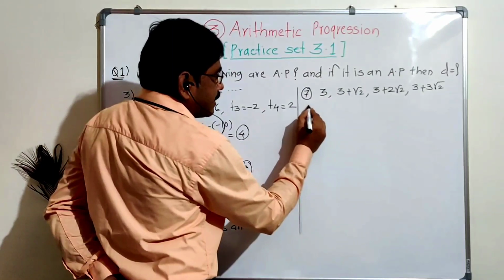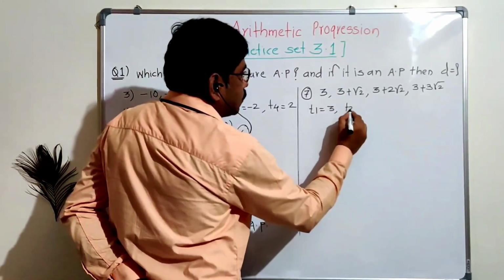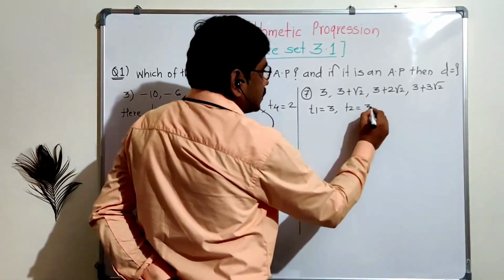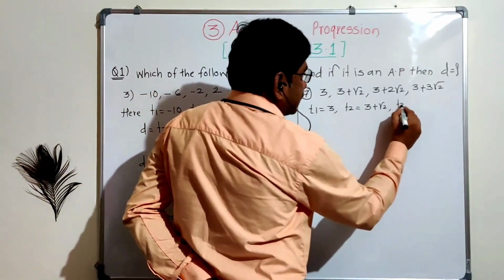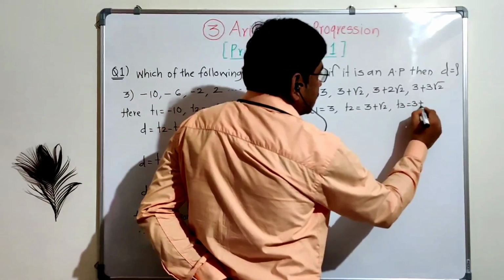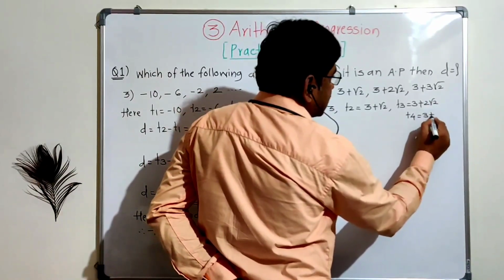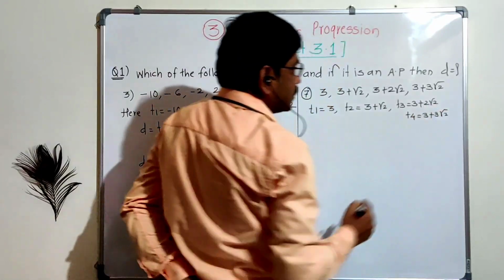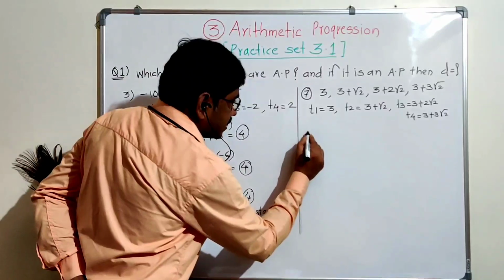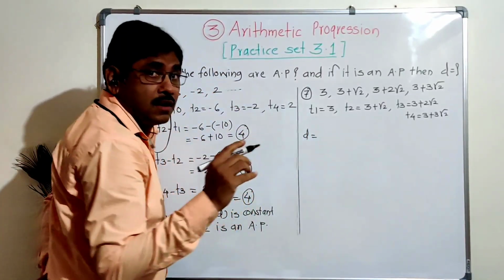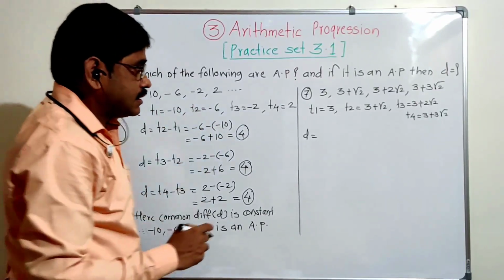So here T1 is equal to 3, T2 is equal to 3 plus root 2, T3 is equal to 3 plus 2 root 2 and T4 is equal to 3 plus 3 root 2. So first write the terms T1, T2, T3, T4. Then find the difference. The first difference is how to find difference. You know, we have to use that properties of surds that we studied in our previous standard.